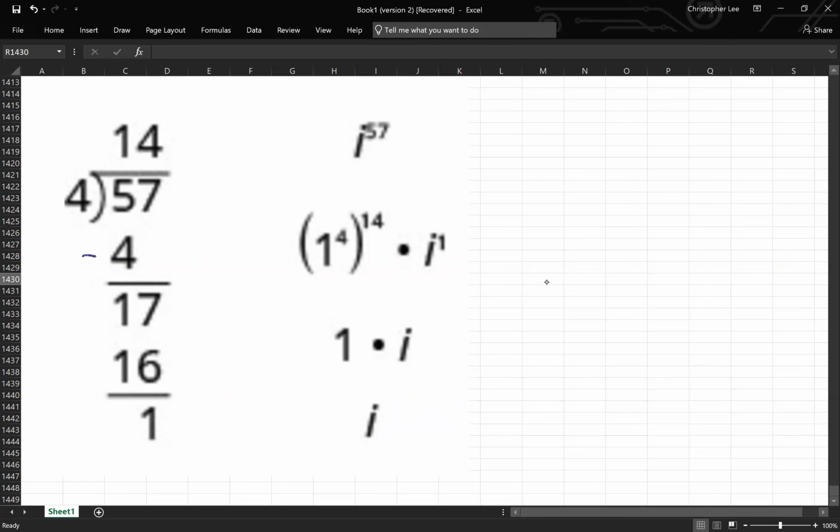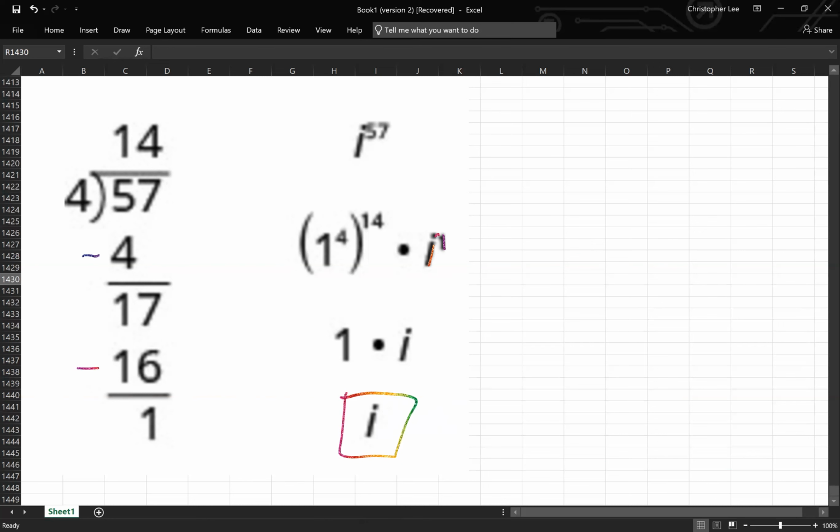And we always subtract right here, and y'all know how to do that, right? So 57 can get written as i to the 4 power raised to the 14th power times i to the 1 power. So then that leaves me with just 1 times i, or i, as my final answer.